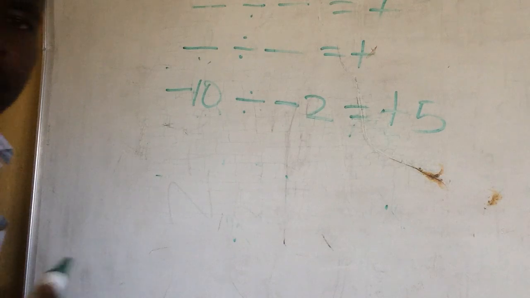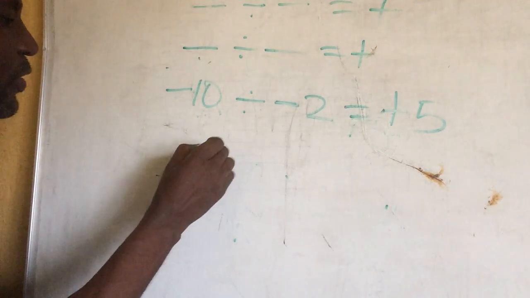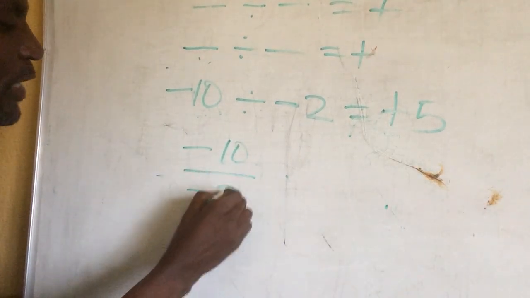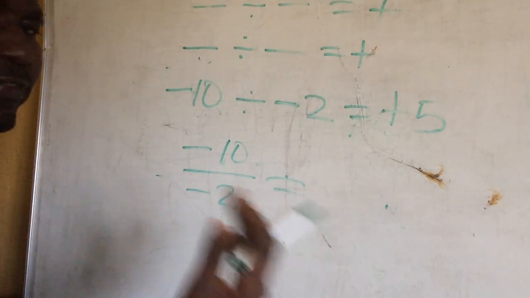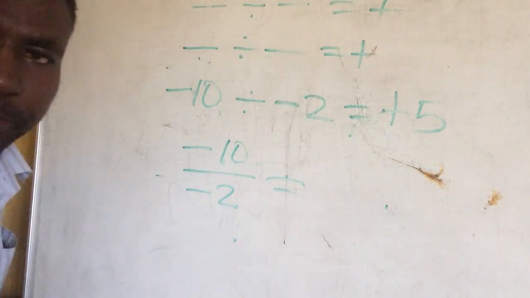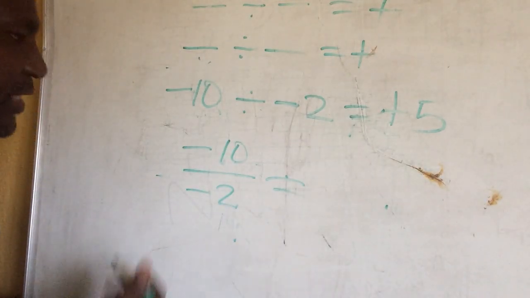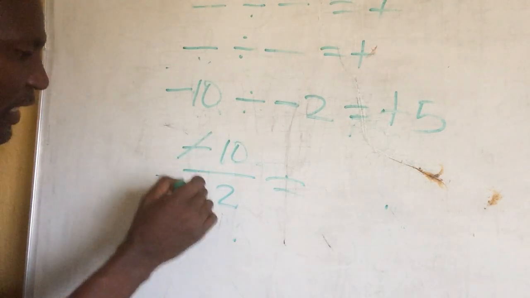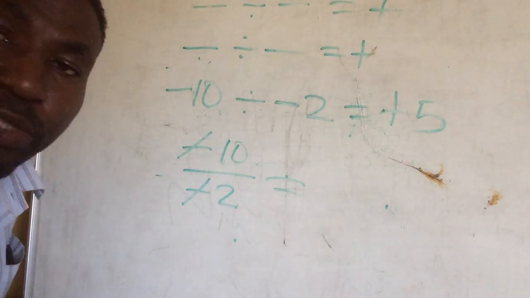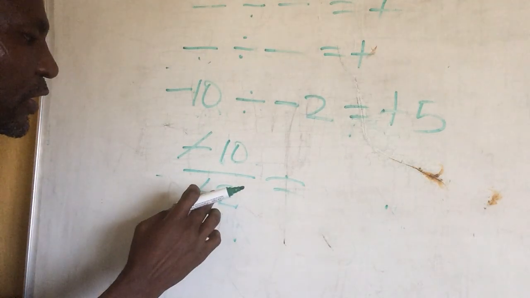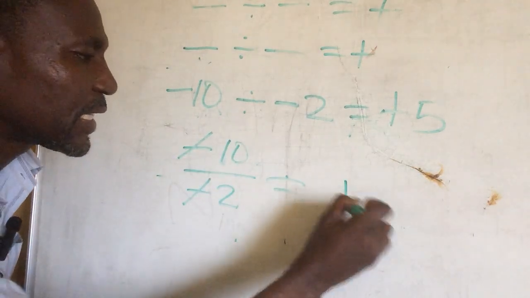You can write it in fraction form where you have minus 10 all over minus 2. You can even say it this way: this minus cancels this minus. You now say 10 divided by 2, the answer is 5.